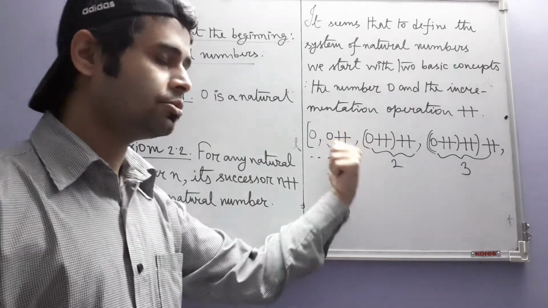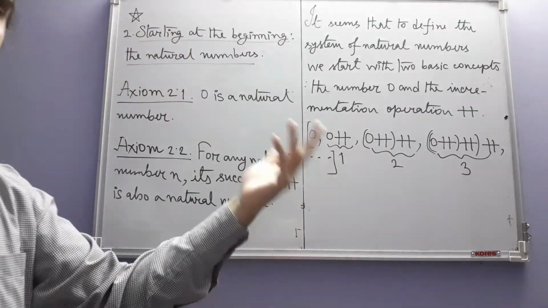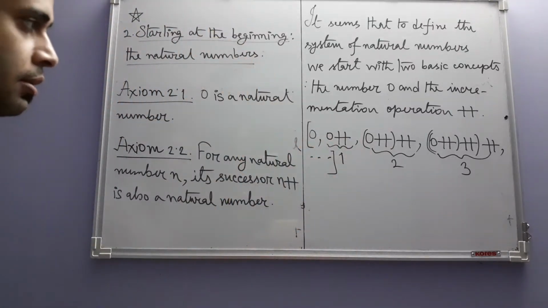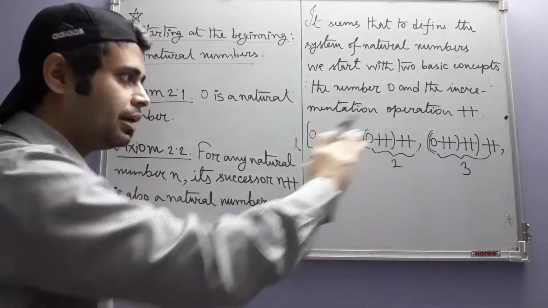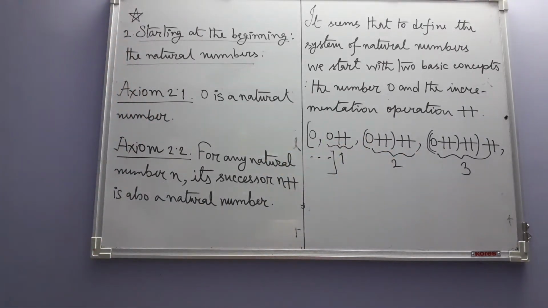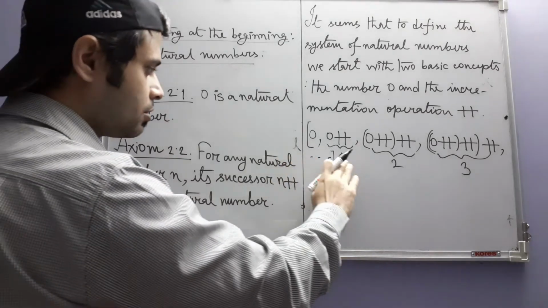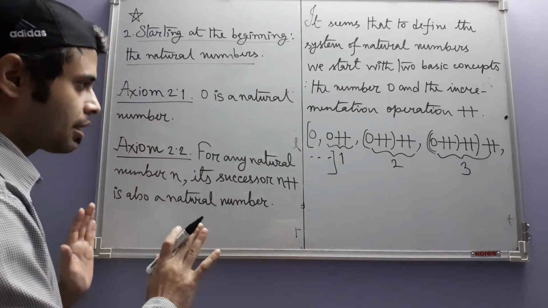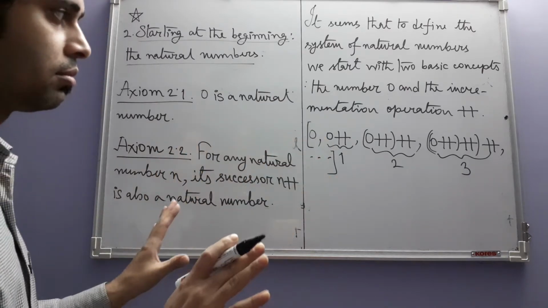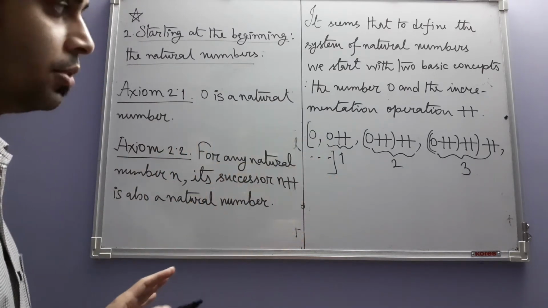Eventually, this will be used in defining addition, multiplication, and exponentiation, but that will come later. First of all, we are defining what the elements are, or what the objects are in this system. So it seems that these two axioms are enough for that job.